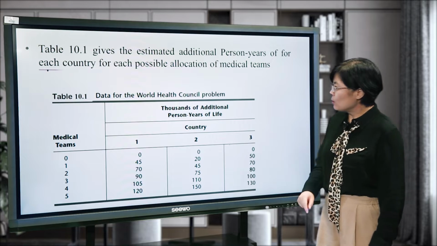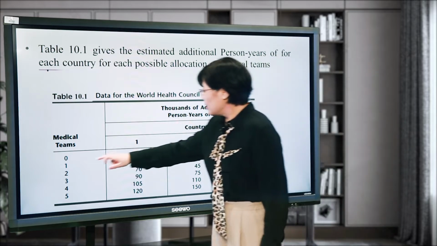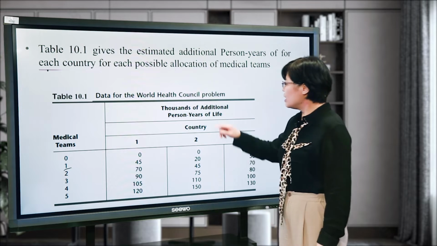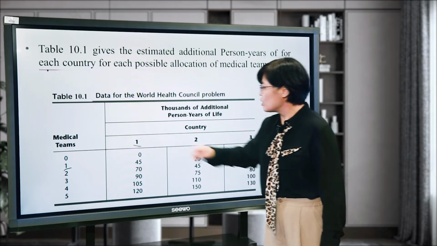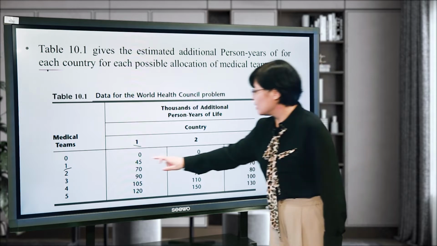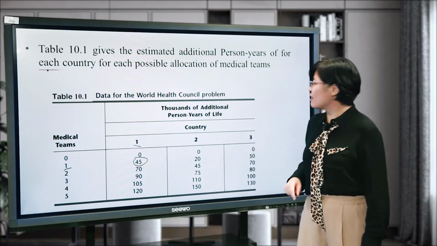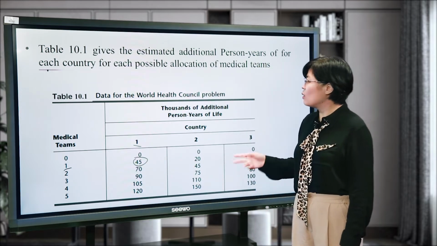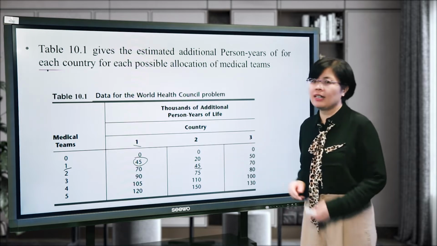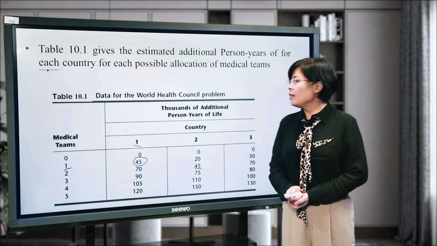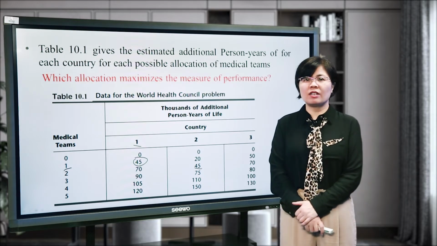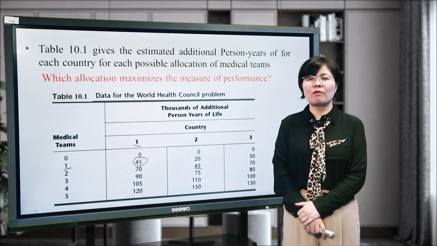For example, if we give the first country 1 medical team, then 45 person-years of life will be added. So it is for the others. Now the question is, which allocation maximizes the measure of performance?